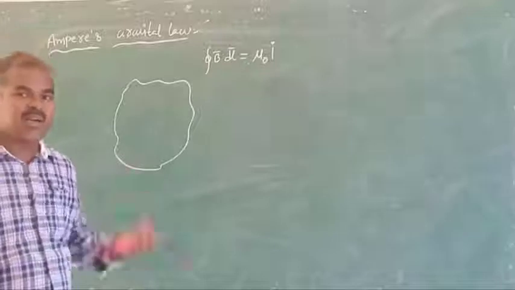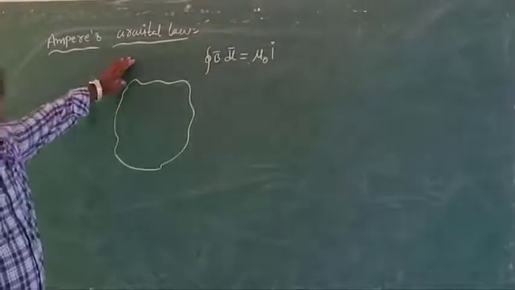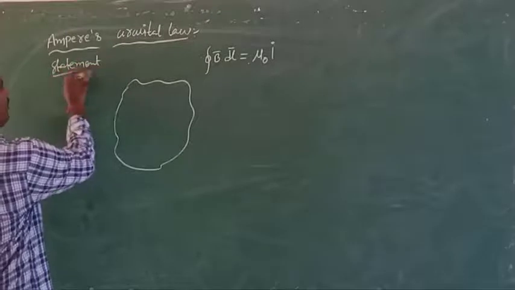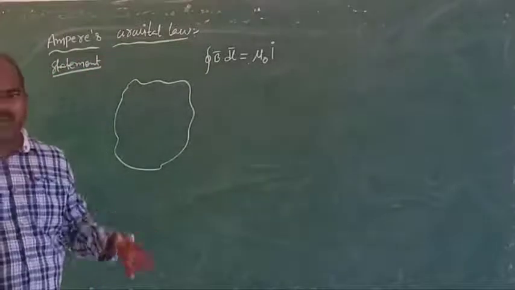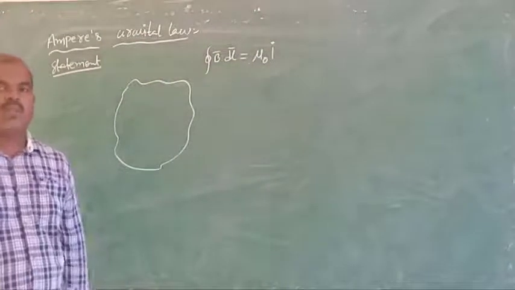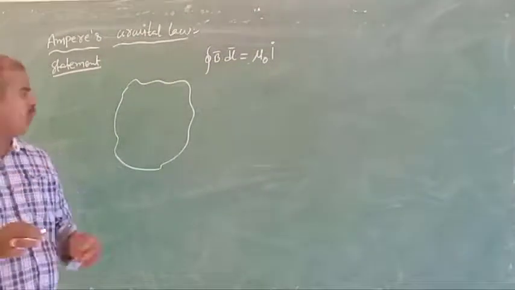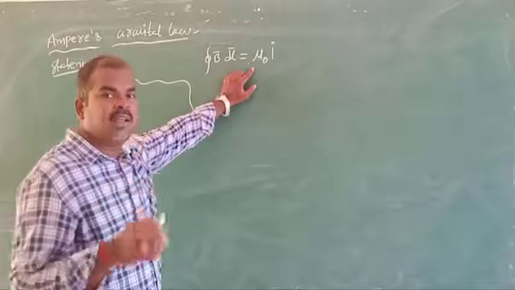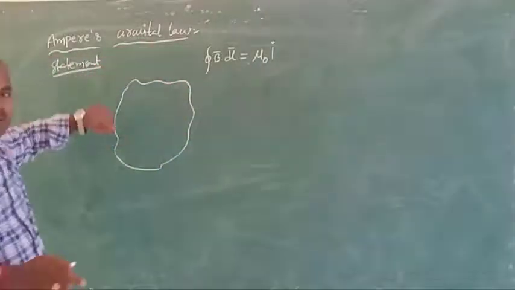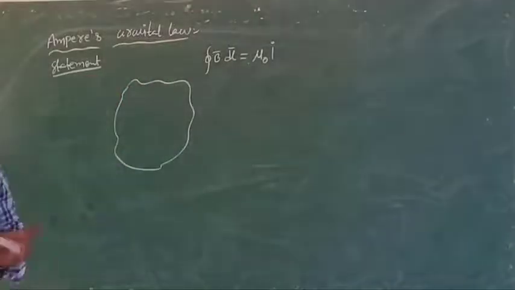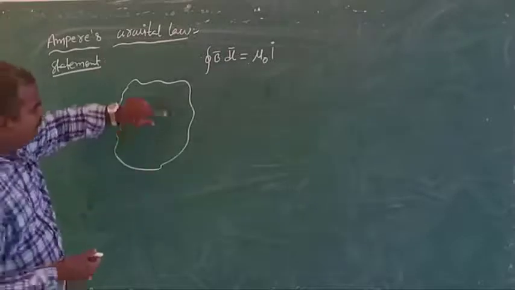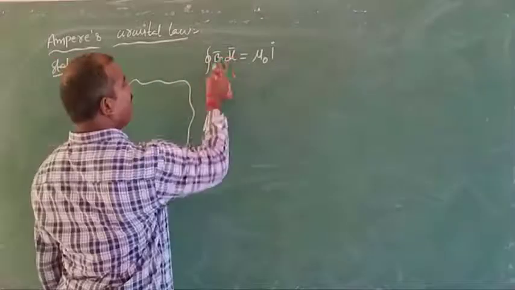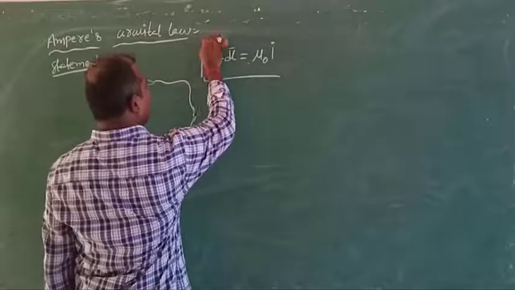Listen to that statement: the line integral of the magnetic field due to any closed path is equal to mu naught times the net current enclosed, or the net current across the area bounded by it. Integral B dot dl is equal to mu naught I.